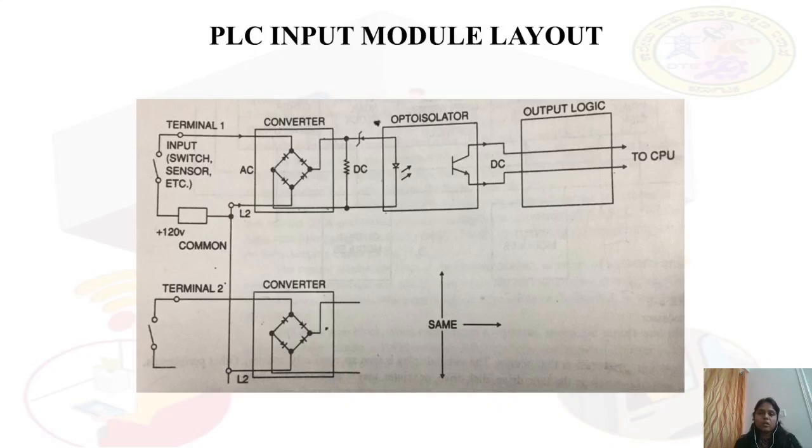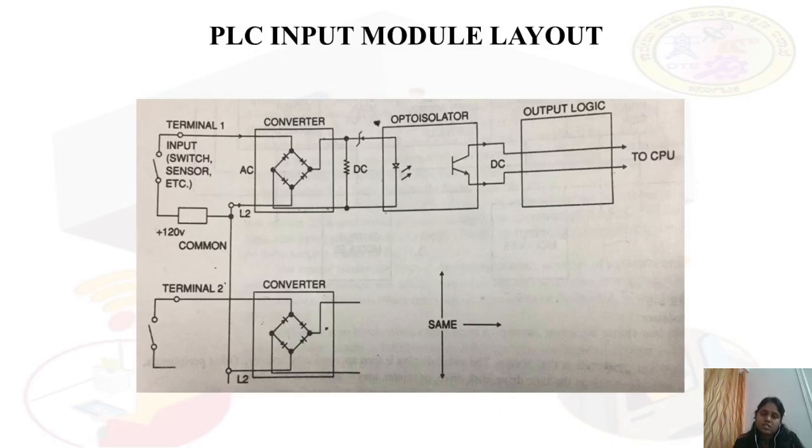So your input module performs 4 steps. The first one is it senses the presence or absence of the input signal from the input terminals. Then after sensing, it converts your input signal for high or on to the DC level.